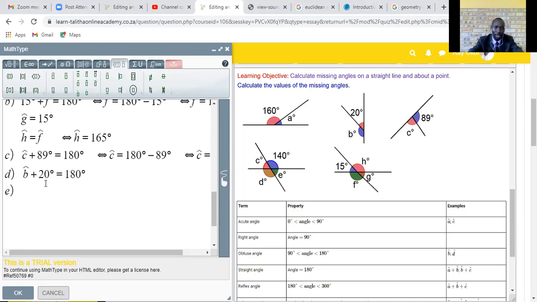Now, the next thing is how do we find angle B? In this case, we take away 20 degrees from the left-hand side to the right-hand side.